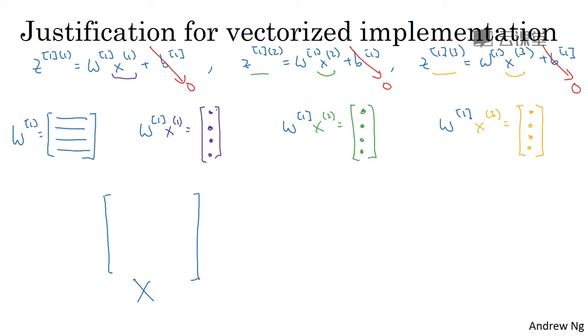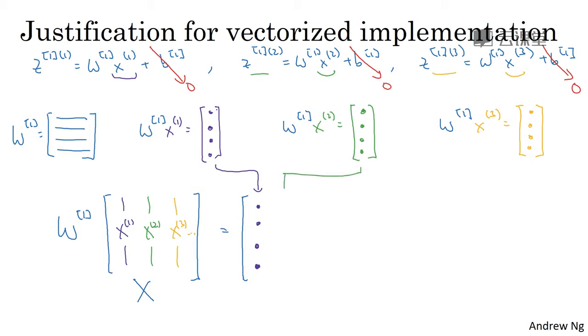So now, if you consider the training set capital X, which we formed by stacking together all of our training examples. So the matrix capital X is formed by taking the vector x1 and stacking it horizontally with x2, and then also x3. This is if we have only 3 training examples. If you have more, it'll keep stacking horizontally like that. But if you now take this matrix X and multiply it by W, then, if you think about how matrix multiplication works, you end up with the first column being these same values that I had drawn up there in purple.